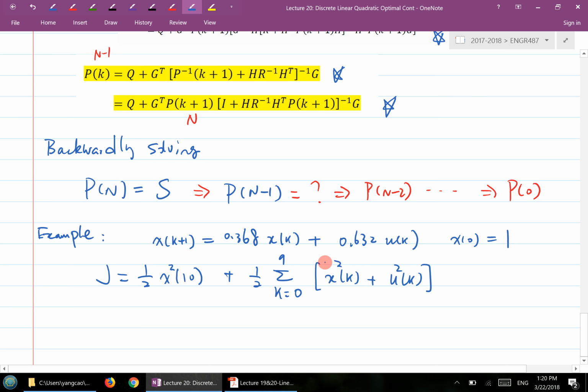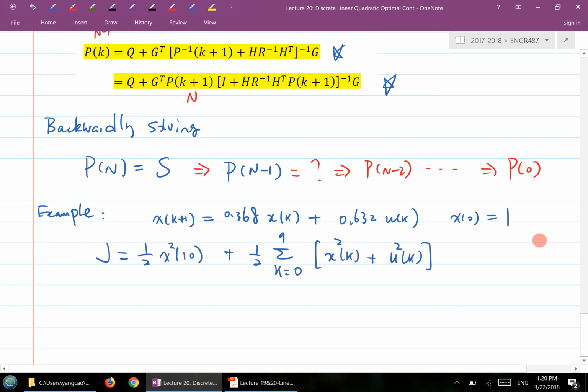So here is the cost function we're trying to minimize, the quadratic function. And we want to come up with the optimal control input U for this system. Now you look at this cost function, it's in quadratic format. So the question I ask you is, what is the Q value? What is the R value? And what is the S value? Based on the given cost function, it's all one, right? So you've got to be able to identify that.